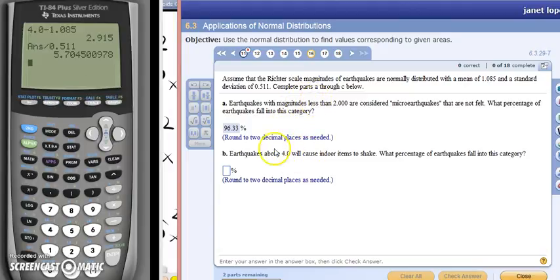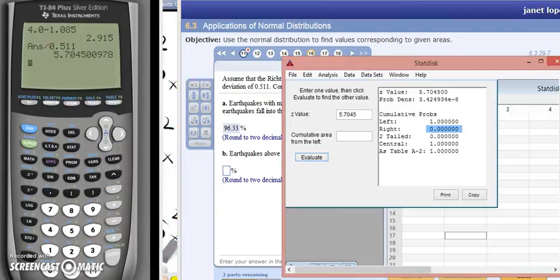Right now we're looking for the right, and usually when you are looking for the right, once you look up your z-score in your chart, which I can't really show you, you normally subtract 1 minus this number, because you're usually getting it from the left.